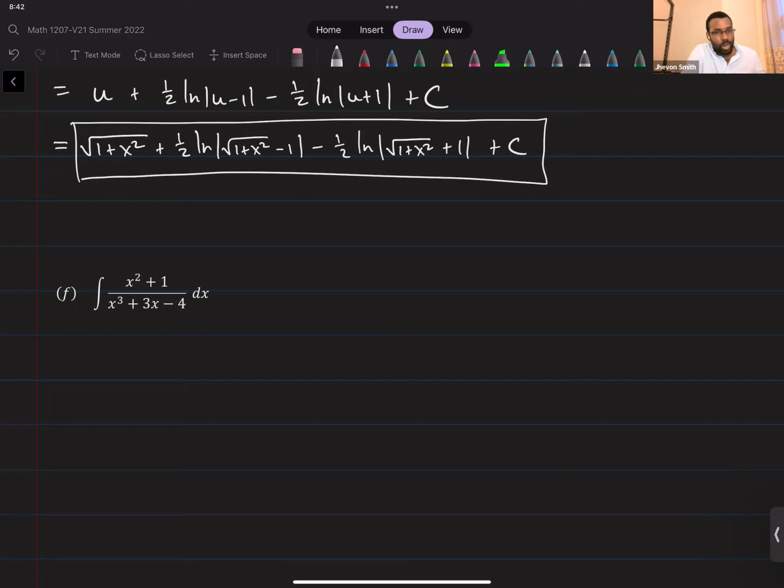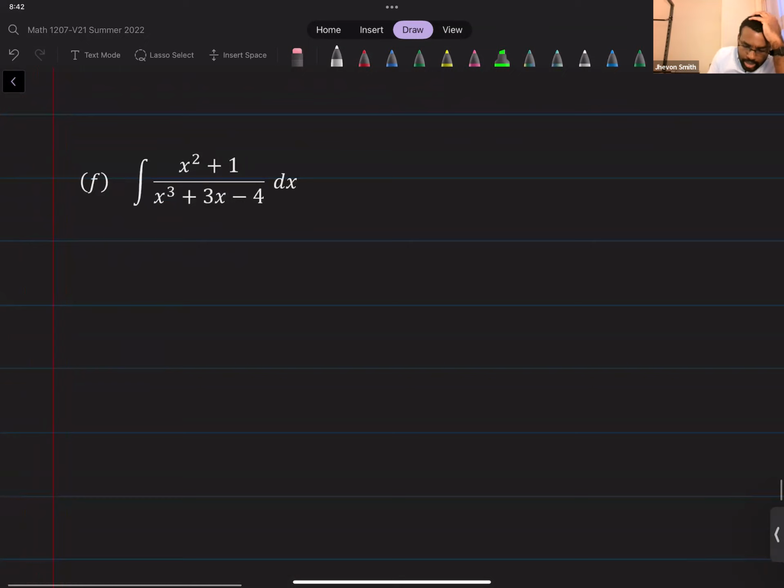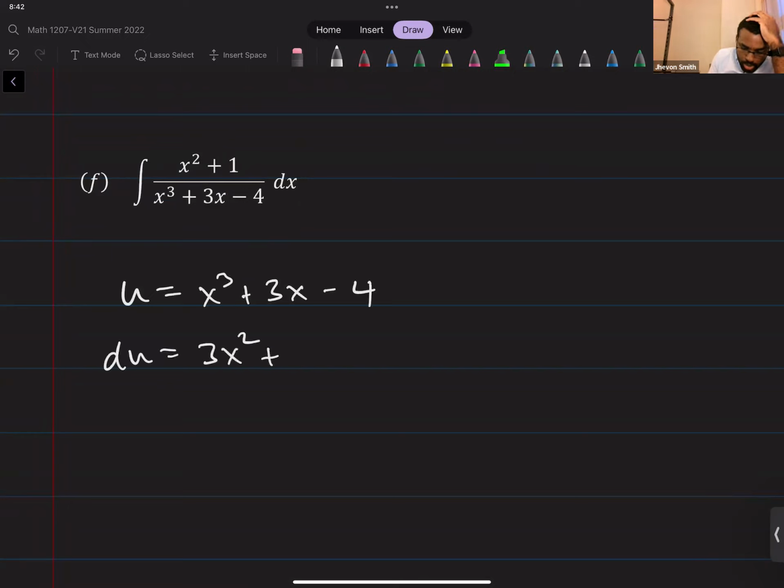Can a substitution work? Well, if a substitution could work, what would it be? So you're going to think about this. And the denominator being the thing you want to substitute might make sense. So I would go u equals x cubed plus 3x minus 4. My du would be 3x squared plus 3 dx. So can a substitution work?